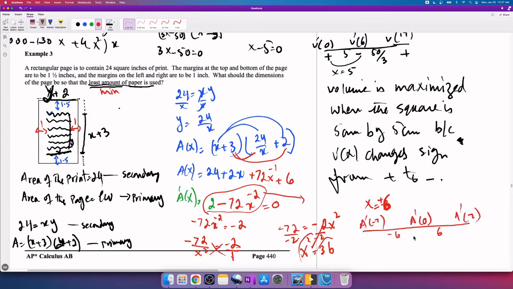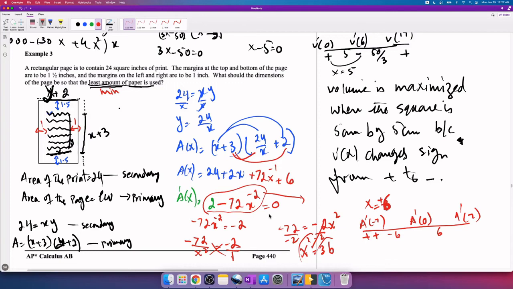So let's plug in negative 7 first, which I already did, and I'm getting a positive answer. When I plug in 0 in here, I get 2 minus 72 times 0 to the power negative 2.